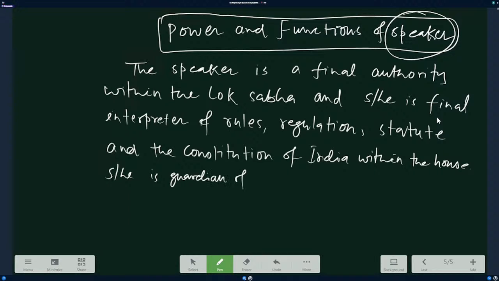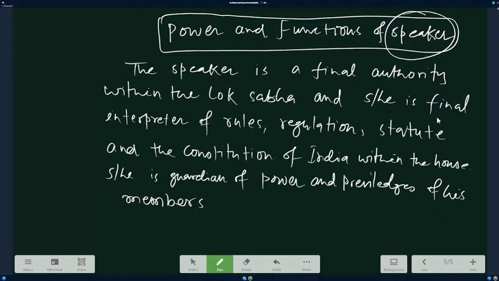And he or she is the final spokesperson in the Lok Sabha.